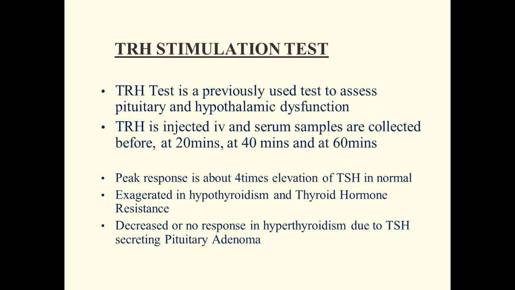But here I'm mentioning it in reference to hyperthyroidism or thyrotoxicosis. It has been shown that in thyroid hormone resistance there can be an exaggerated response, while in hyperthyroidism due to a TSH secreting pituitary tumor, it shows no response. Again, this test is not usually done.